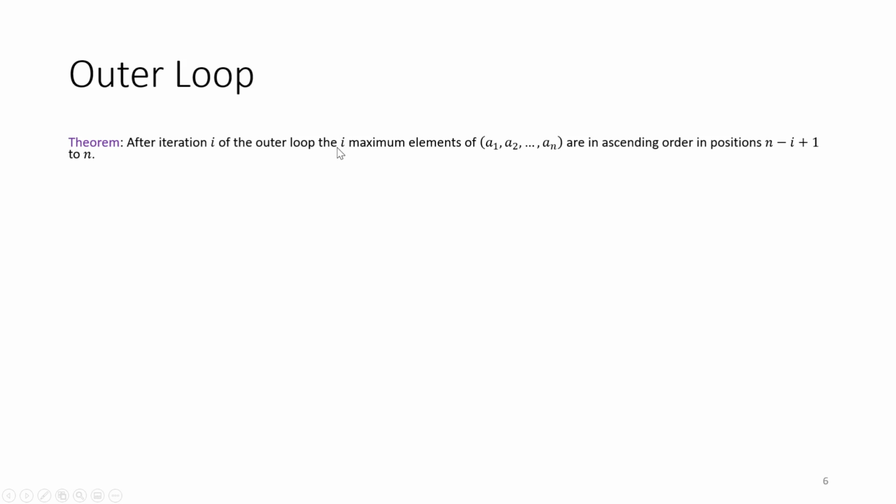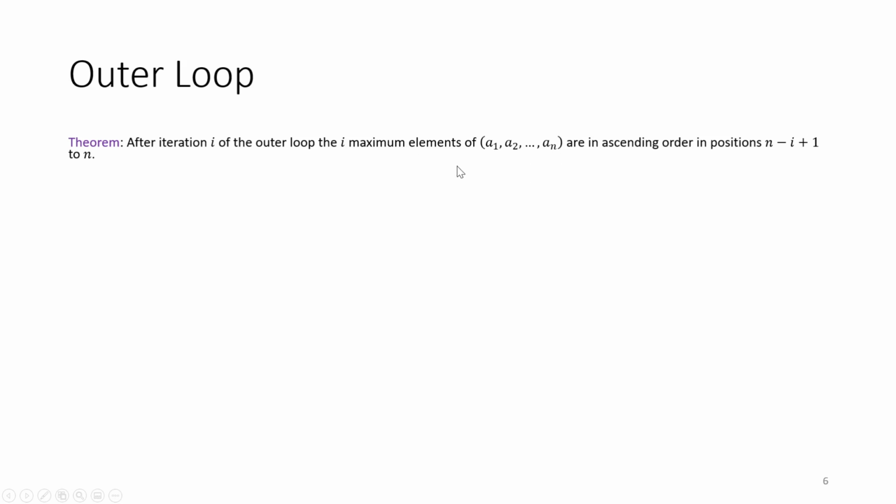Then the first clause is the i maximum elements, and a bit of formalism we've added is saying the maximum elements of what? Of the whole list. I could have just put A here, but I put A_1 up to A_n so that it reminds us these things have names, so we might as well use them. It also emphasizes that i isn't showing up here. We mean the maximum elements of the whole list, not the maximum elements so far.